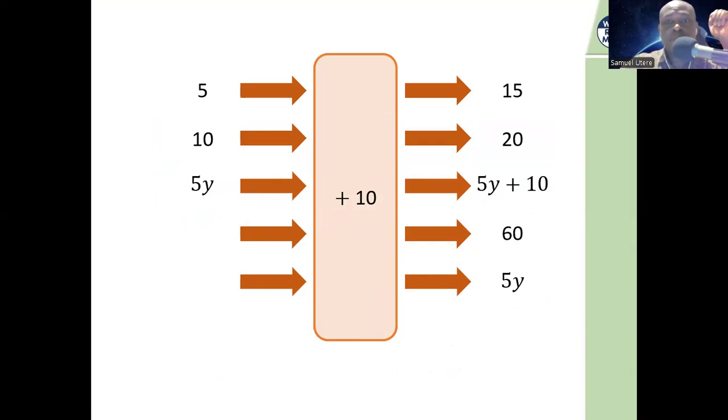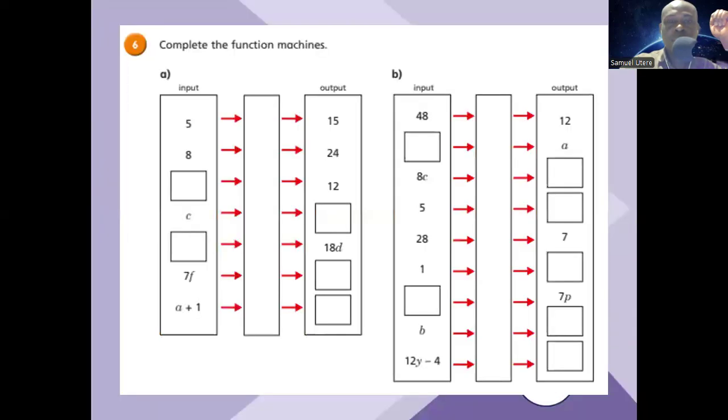And then sometimes for some of the questions, you also need to do the inverse operation to find out what the input was, like these. Okay, you can pause and have a go at this question. You should be able to do this in 2 or 3 minutes.